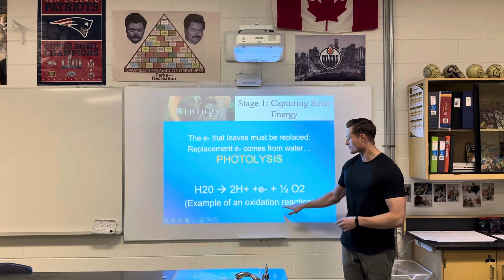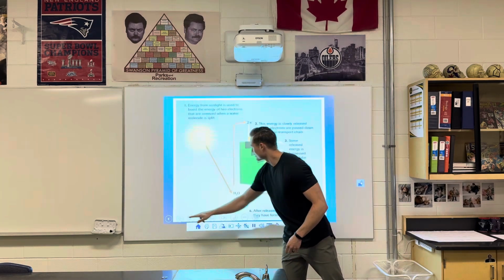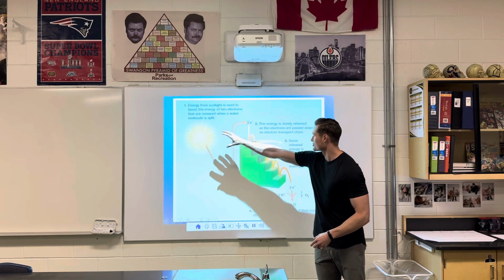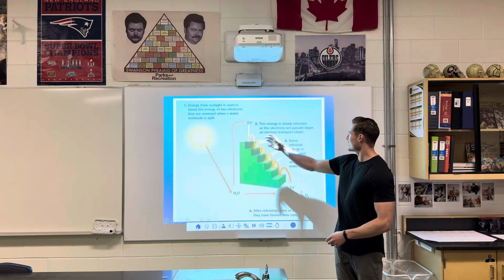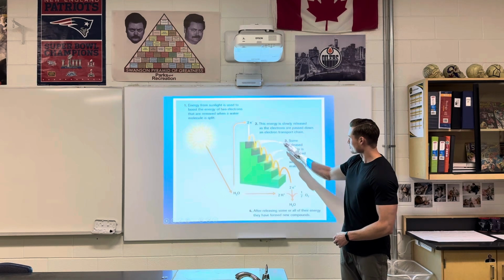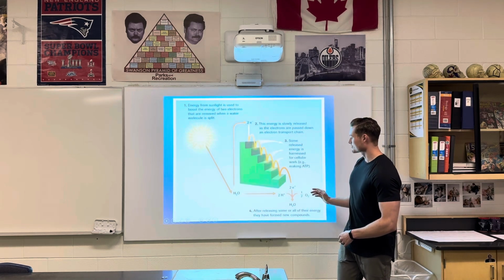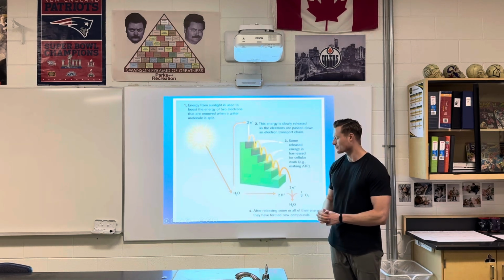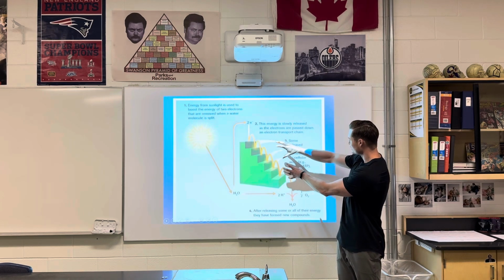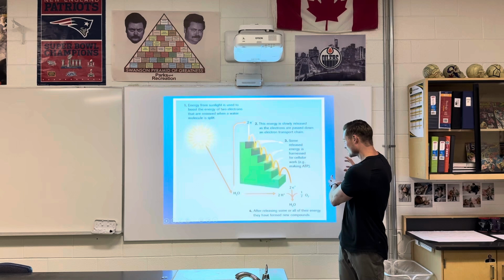an electron. When the electron comes in contact with a photon, or the solar energy, it gets excited and charged up. Then it goes through a transport system called the electron transport chain, which I'll show you in a little bit. The electron transport chain takes some of that energy and uses it for later.